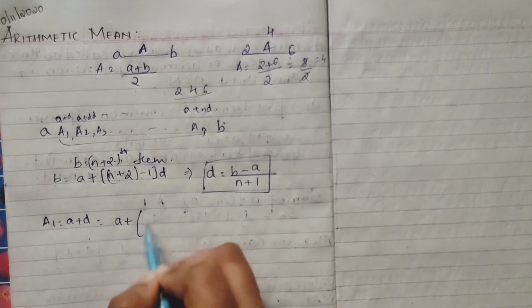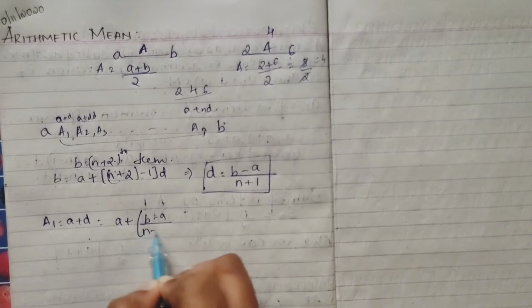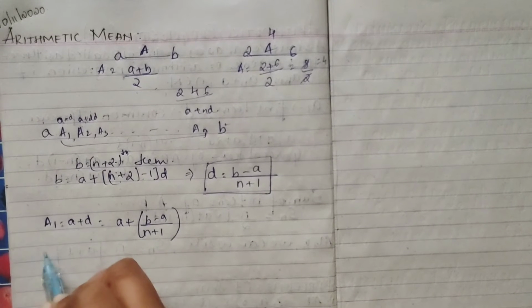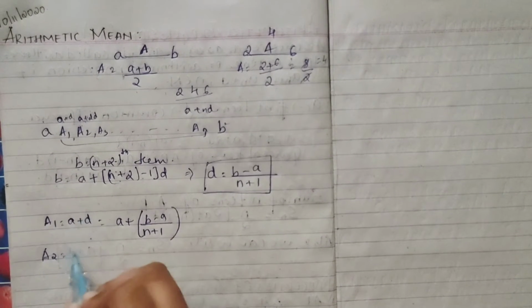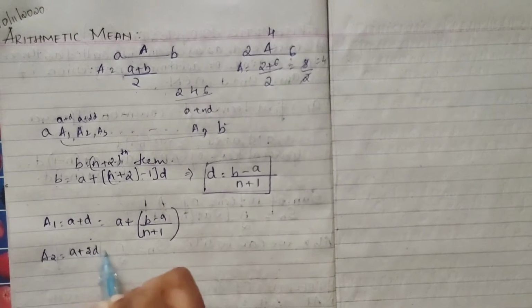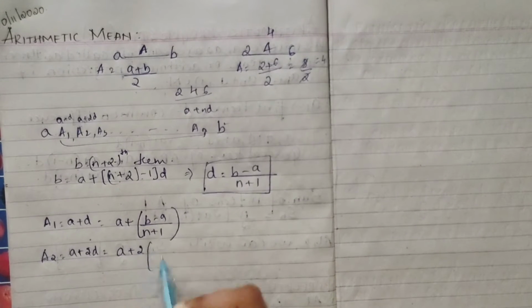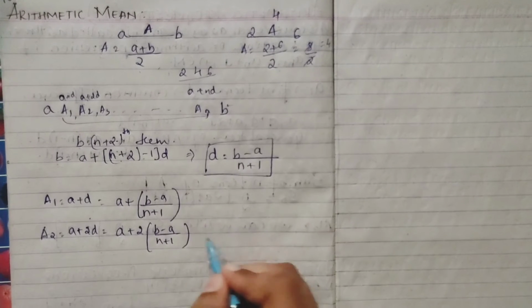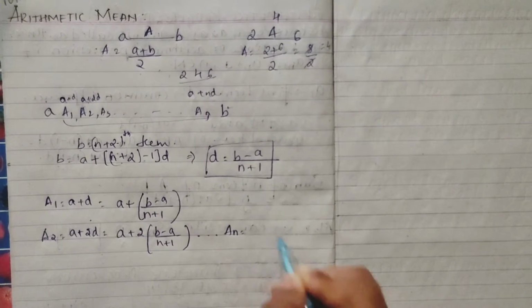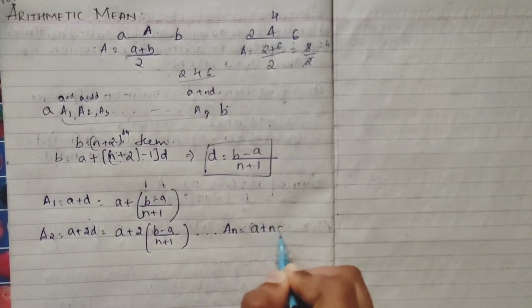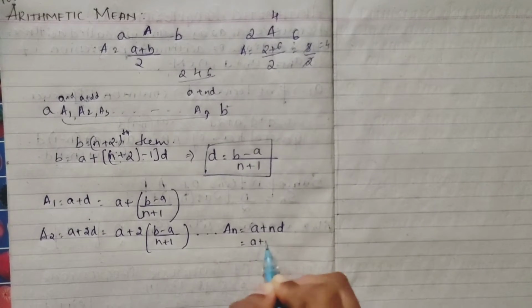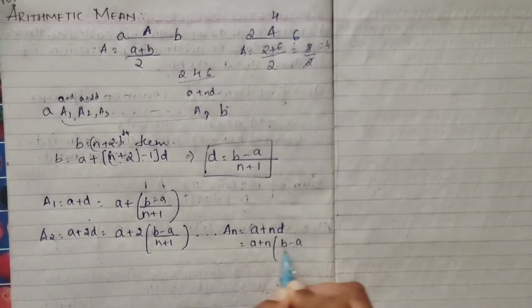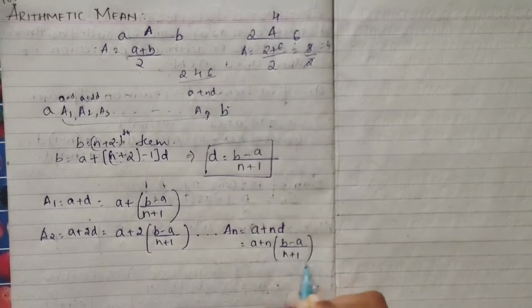B minus a whole divided by n plus 1. Same way your a2 means a plus 2d, where d is b minus a whole divided by n plus 1. So on. So your a n will be a plus n d, right? So this becomes a plus n into (b minus a) divided by n plus 1.